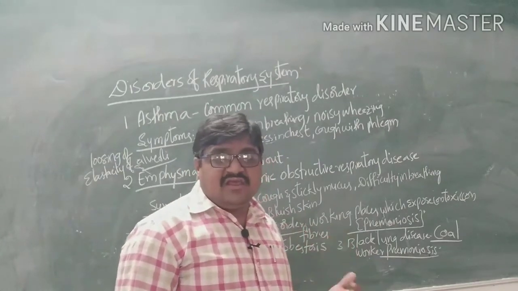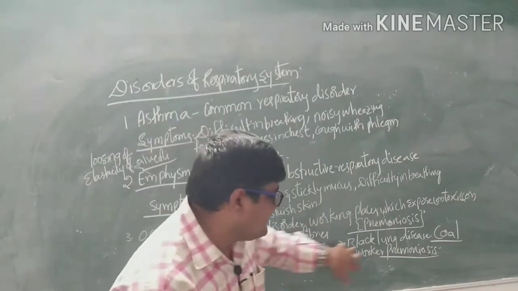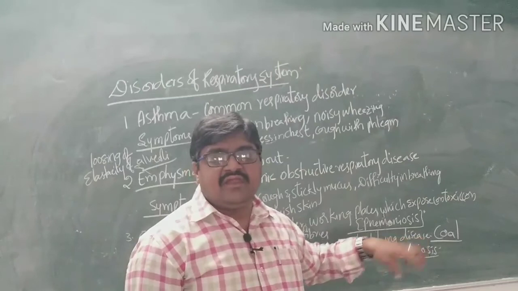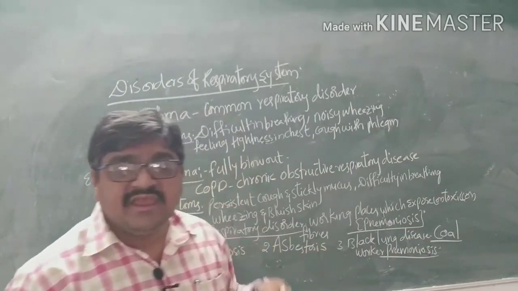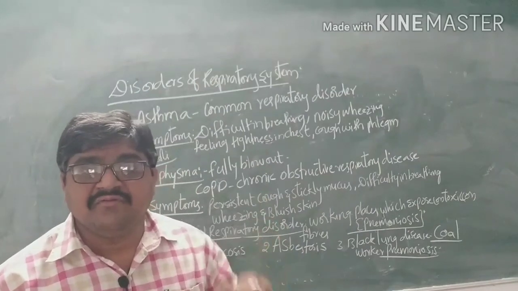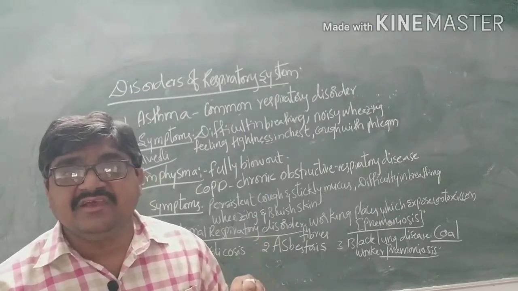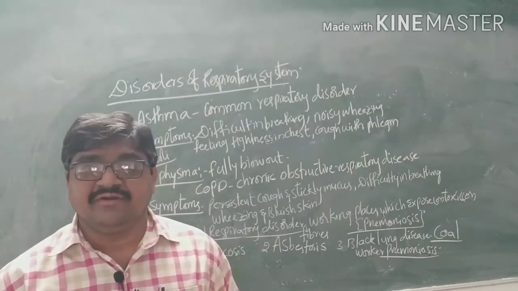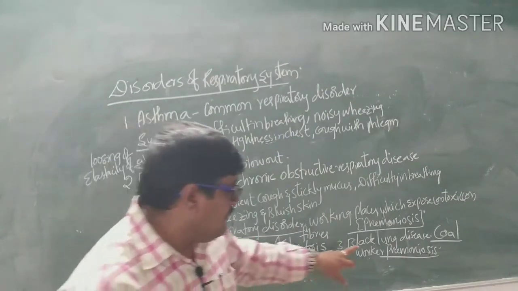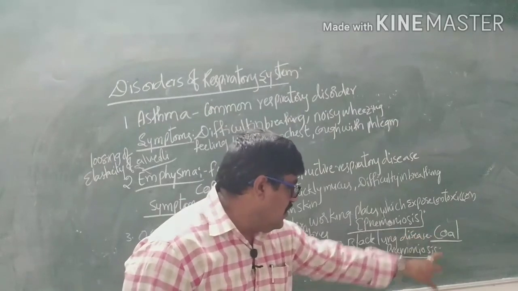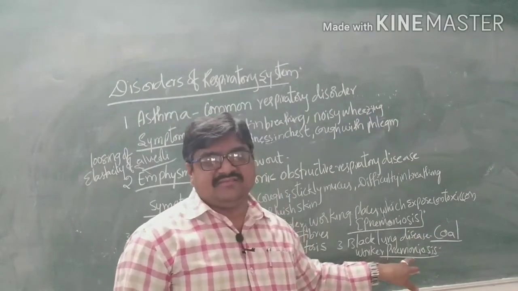Whether it is silicosis, asbestosis or coal mines, we must compulsorily take the precaution of wearing the mask to prevent inhalation of dust particles into the body. So black lung disease is also called coal workers' pneumoconiosis.